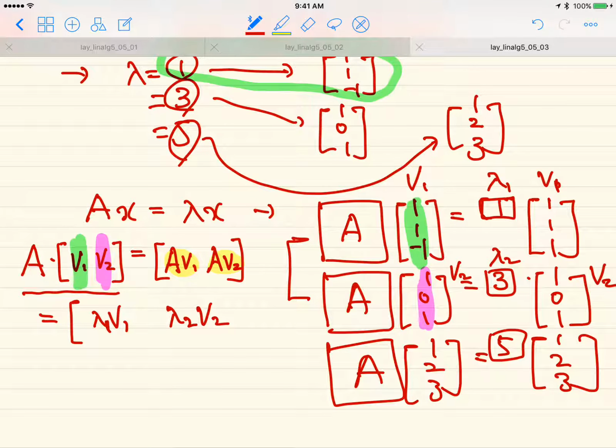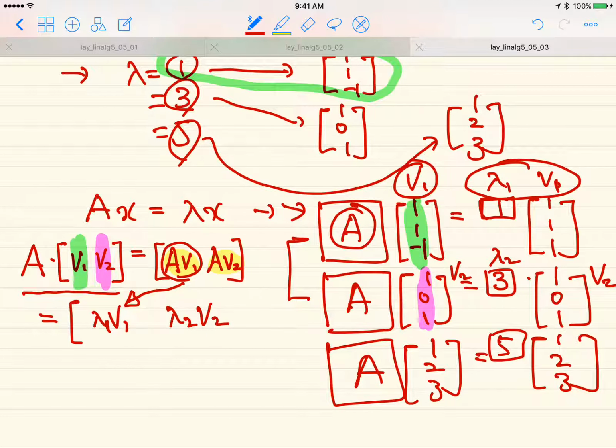Because A times V1 in this first equation is the same as lambda 1 times V1, so we replace this guy by lambda 1 times V1, and A times V2 from the second equation, A times V2 equals lambda 2 times V2. Okay. And so we are obtaining this equation.